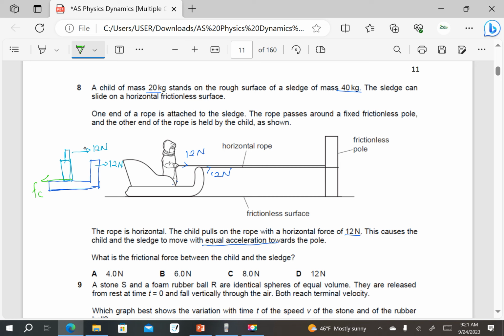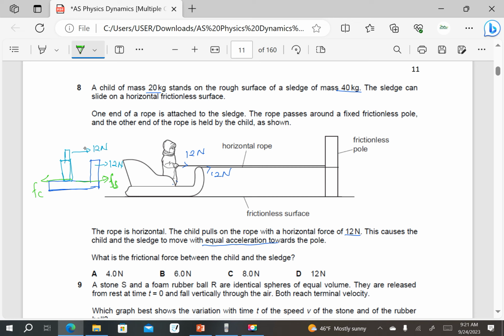And also, there should be a frictional force on the sledge which is forward, because as the child tends to move forward, the frictional force on the child is backwards, but then there should be a frictional force on the sledge which is forward, and that is going to be Fs.